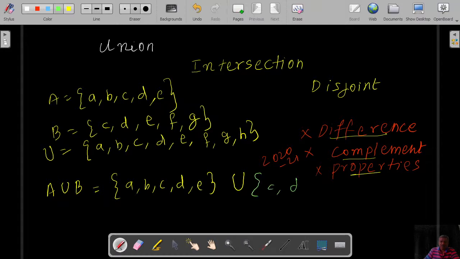C, D, E, F, G. So now I have to take the union of this. In the simplest way, in common language, we have to include both the elements of A and B. It should contain all the elements of A and B. That is the simple way of explaining.